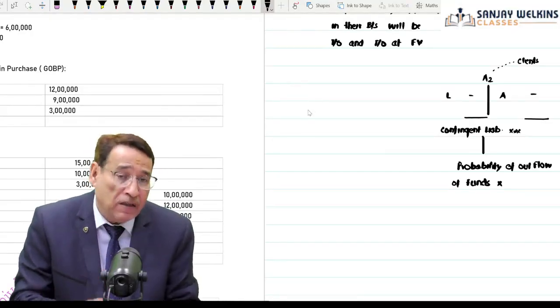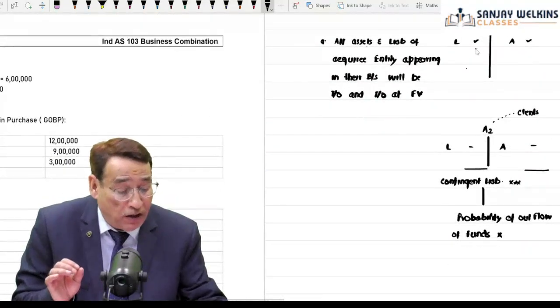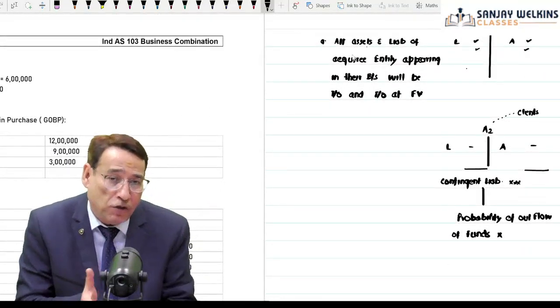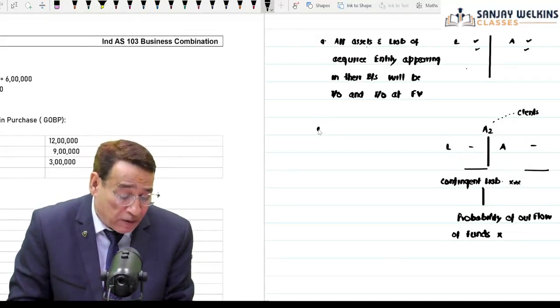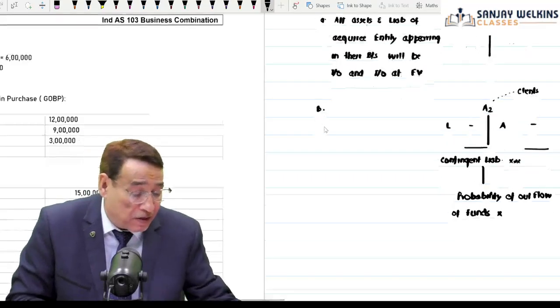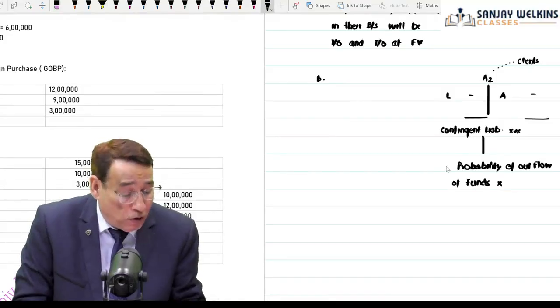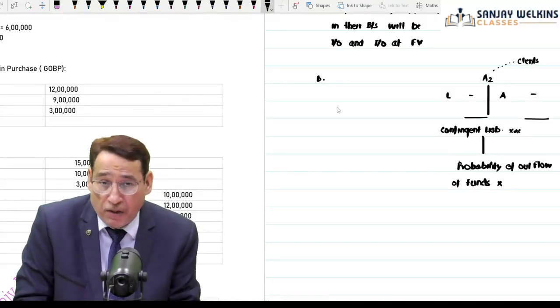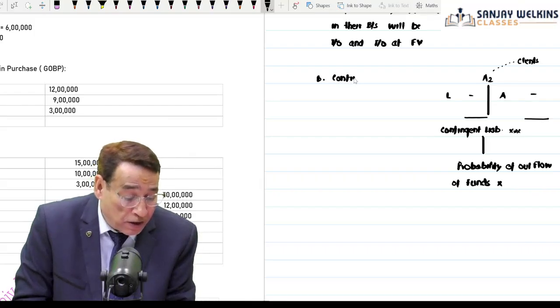Now, Ind AS 103 states that the general principle is that all the items appearing in the balance sheet, you are going to record them at fair value. But as an exception, Ind AS 103 states that the acquirer entity will also take over the contingent liability.